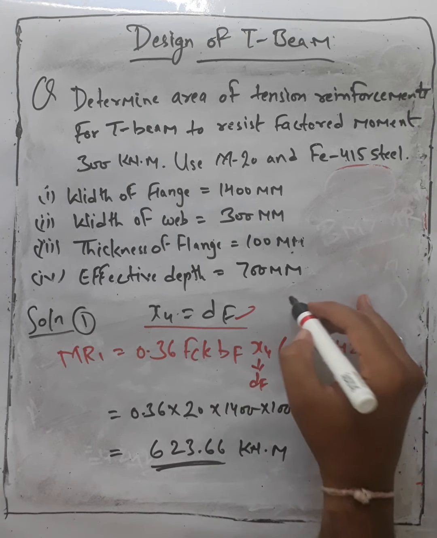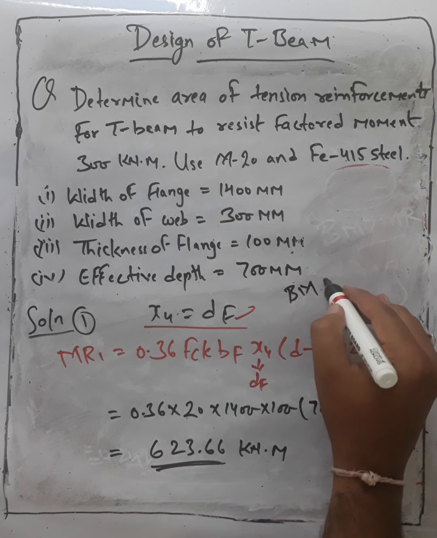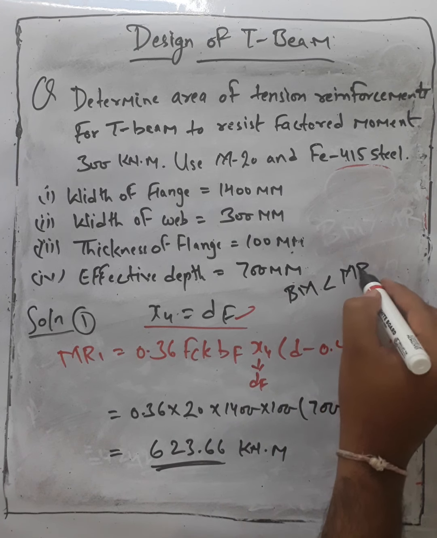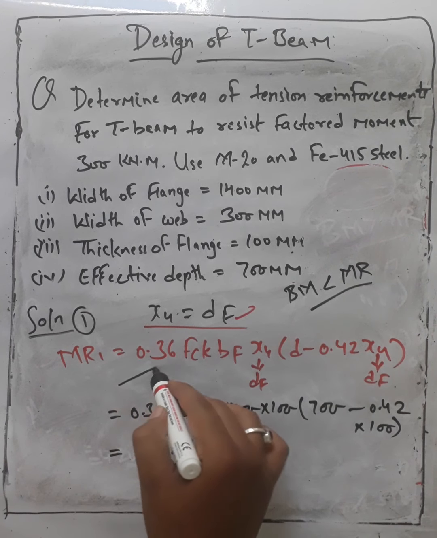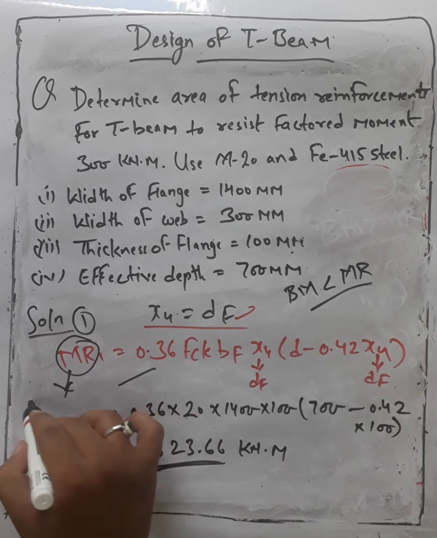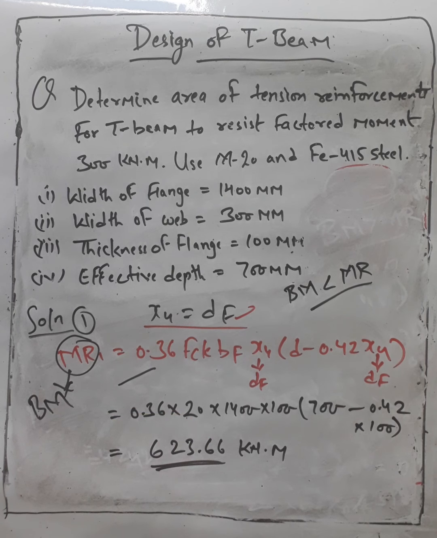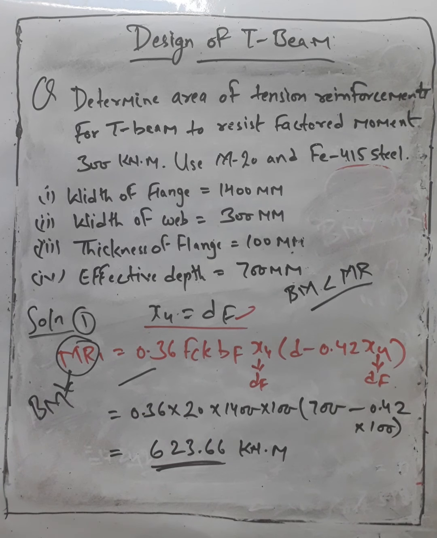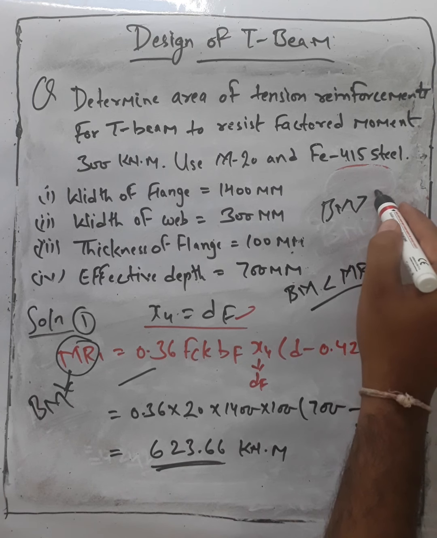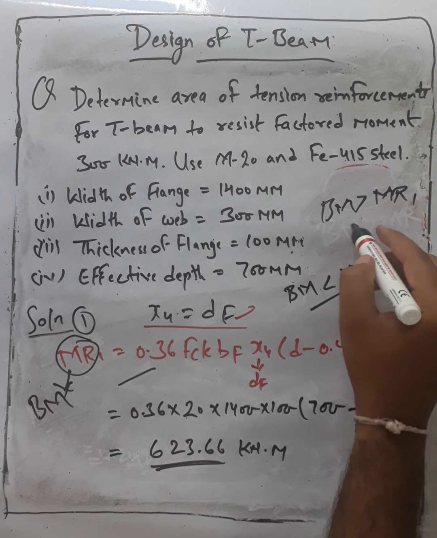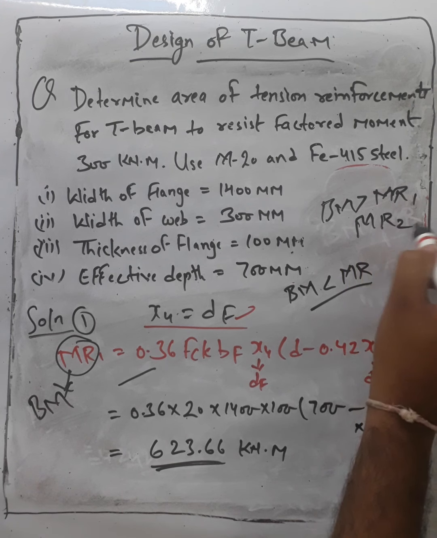But from our problem we find that bending moment is less than MR. So in this condition we use the same formula, but instead of MR we use bending moment and find the value of xu. After finding the xu we use the tension reinforcement formula for finding the Ast. But if we get bending moment greater than MR, then we have to find MR2 in that case.